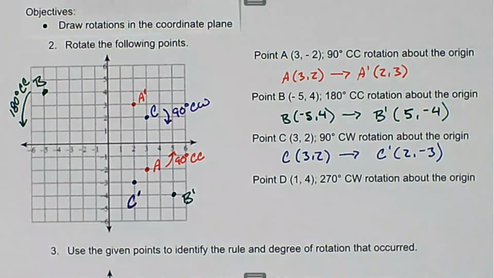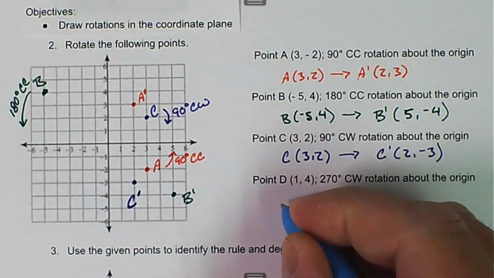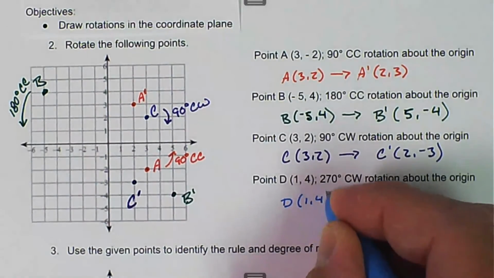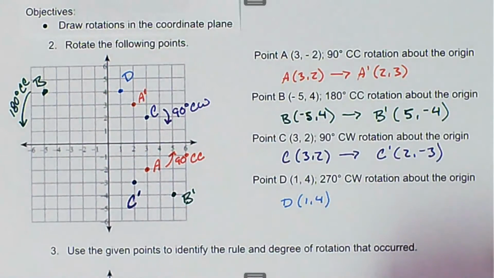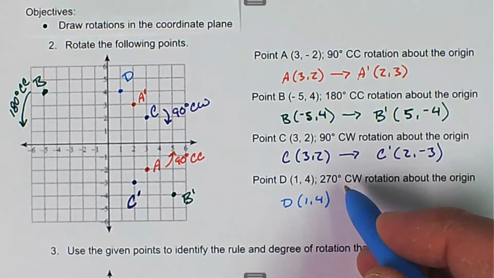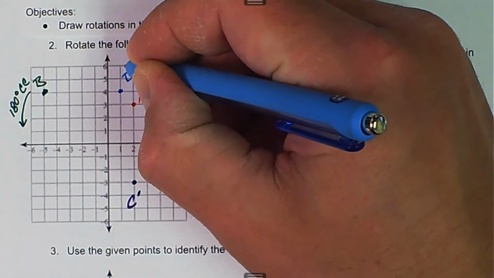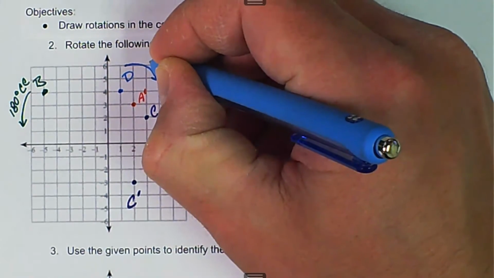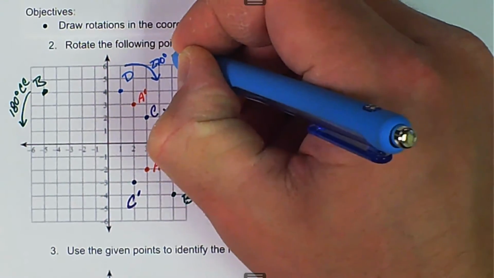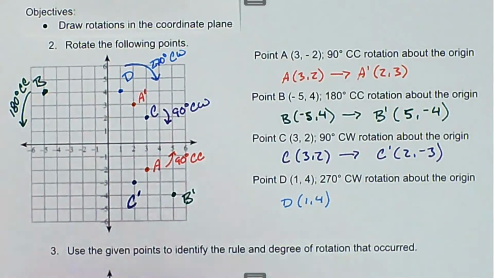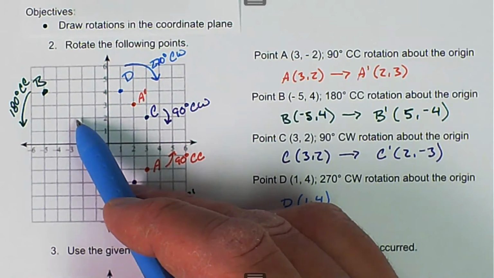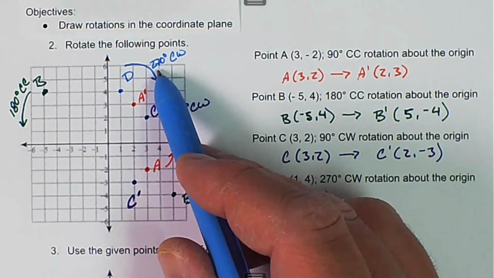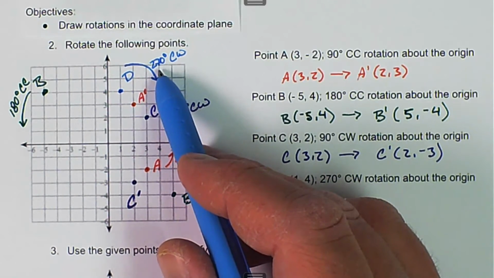And then we have our last example of point D, which is (1, 4). So over 1, up 4, that's going to be D. And we want a clockwise 270 degrees. So we want to take D and go clockwise 270 degrees. Now that's going to be 3 quadrant shifts. So 1, 2, 3. That would put it over here in quadrant 2. I don't like doing 270 degree rotations.